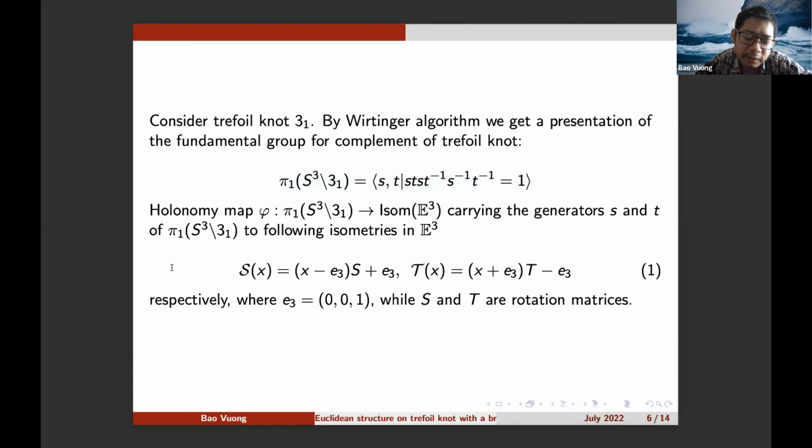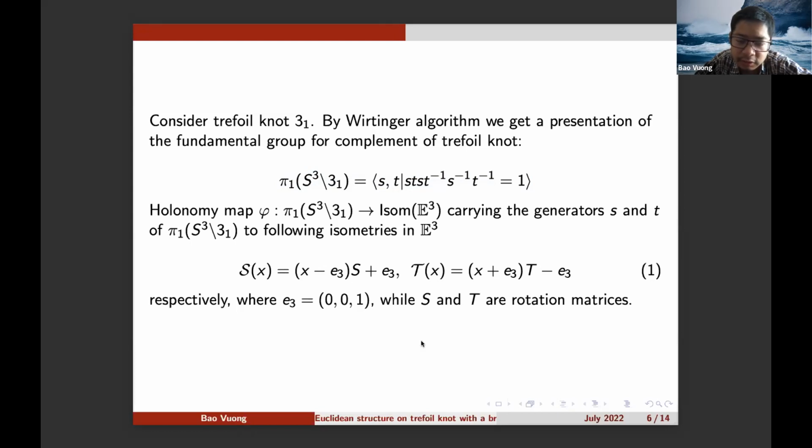The holonomy phi from pi_1 to the isometry group of A3 carries the generators S and T of pi_1 to the following isometries in A3, which are shown in formula 1.